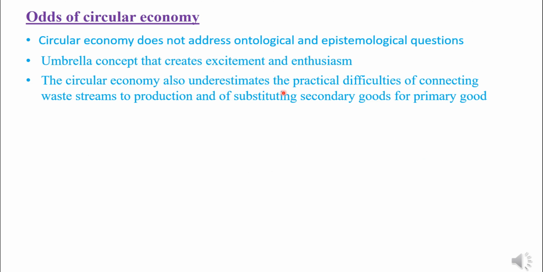Then, circular economy also underestimates the practical difficulties of connecting waste streams to production, and of substituting secondary goods for primary goods. There are a lot of practical challenges in the field when you go and apply it, like how to connect a waste stream to a production line, or to substitute secondary goods for primary goods. There are no such guidelines.